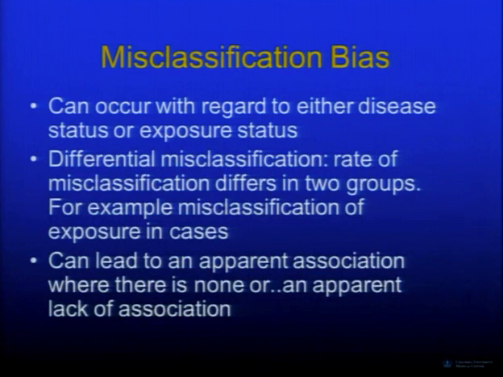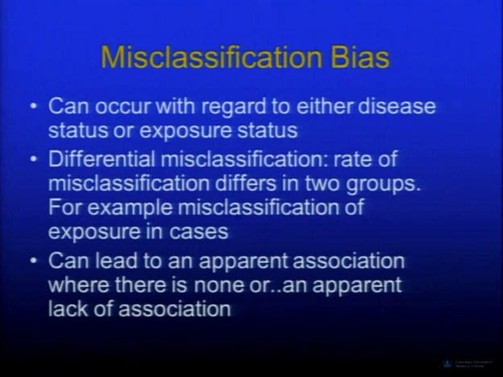So there's two different types of misclassification bias, either differential or non-differential. And we can misclassify based on disease status or exposure status. Differential misclassification, the rate of the misclassification differs in the two groups. So it could be that you misclassify the exposure, but only in the cases because of things like recall bias.